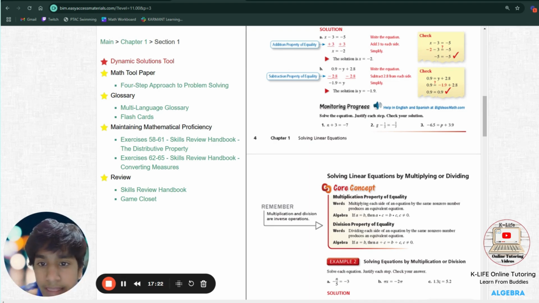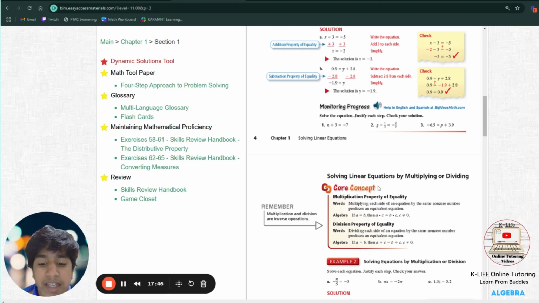So A is 10, like always. B is also 10. C is 6. So 10 times 6, or A times C, equals 10 times 6, or B times C, which is 60 equals 60. Okay? So that is the multiplication property of equality.